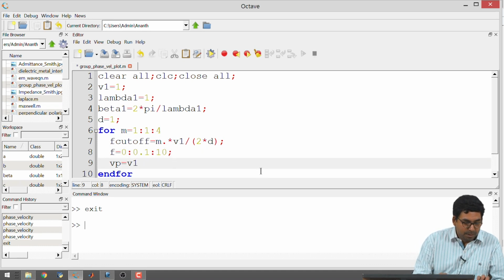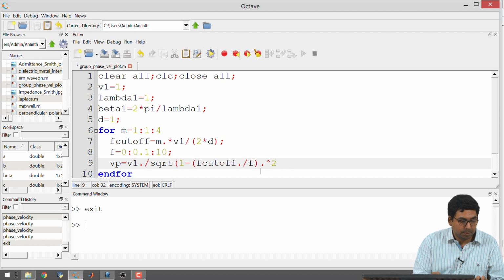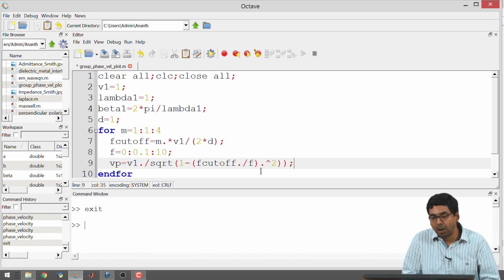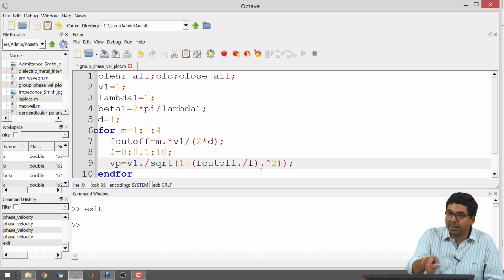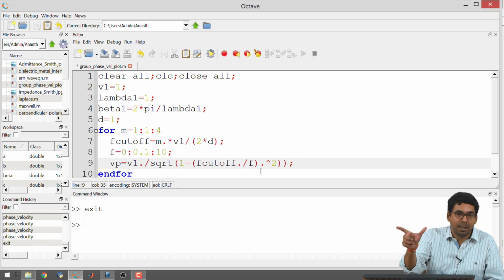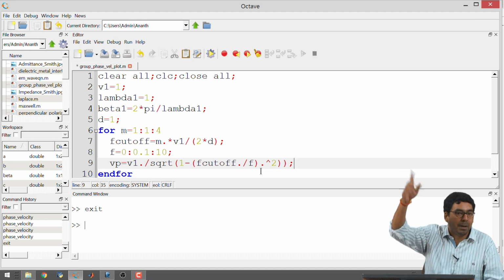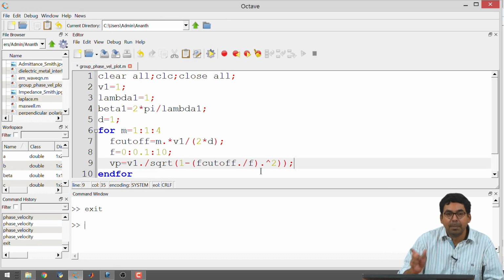So, I have V1 divided by square root of 1 minus f cutoff divided by f. I am using the dot slash dot to the power because f is an array, alright. f is a vector, it is having 0 to 0.1 to 10. So, I want to take each element and multiply. To be double sure, for everything I am putting dot slash dot to the power, etc., right. So, it will take element by element and calculate this.